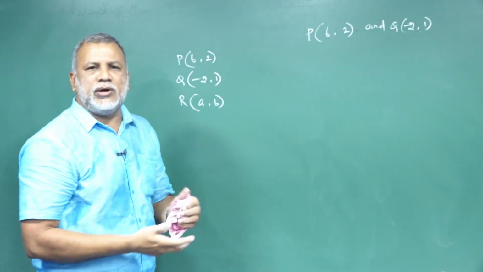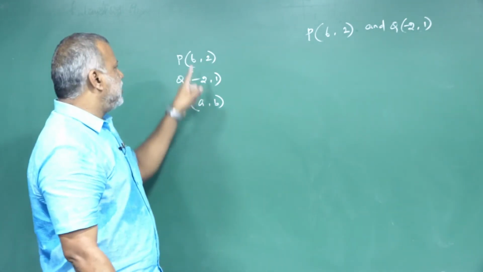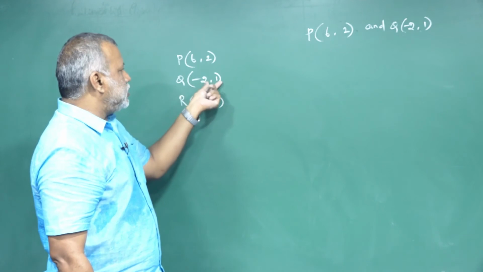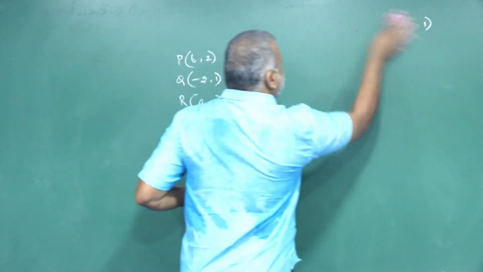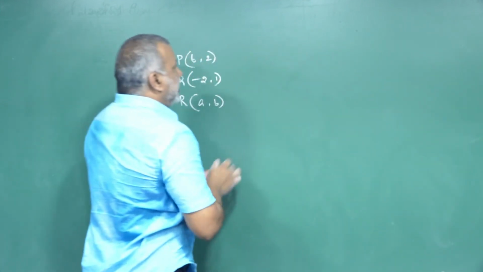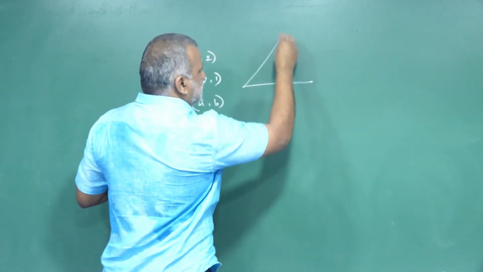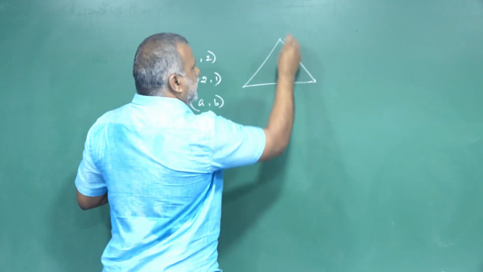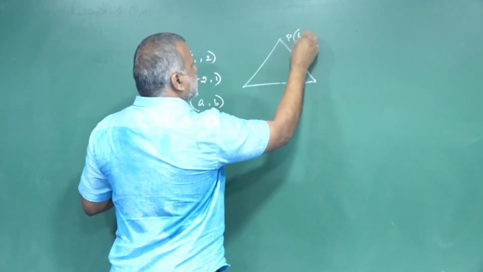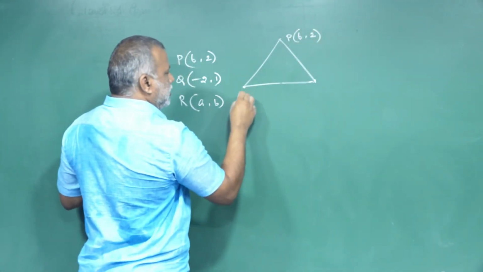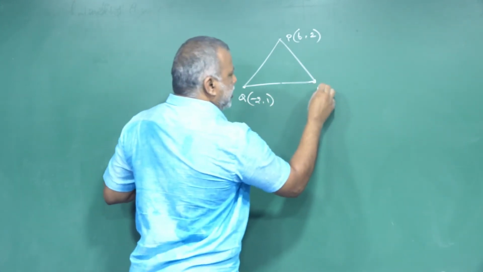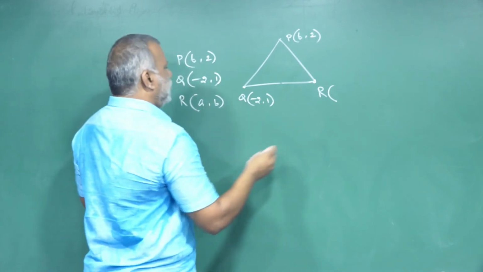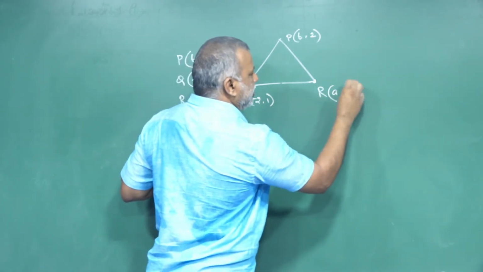So I can select A, B as any unknown point. 6, 2 is known, minus 2, 1, and A, B. That is, R is unknown. So these three points are the vertices of a triangle. Here, I can select P of 6, 2. Here, Q of minus 2, 1. This is a point. R is unknown. I can select A, B.